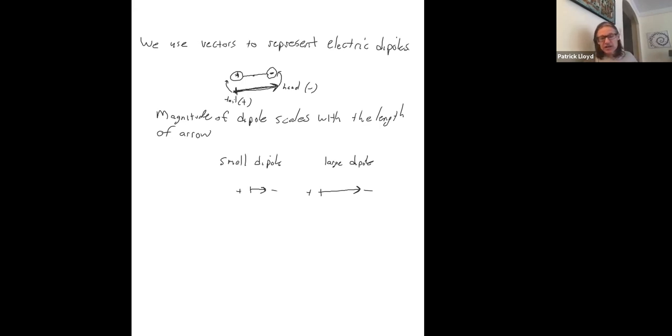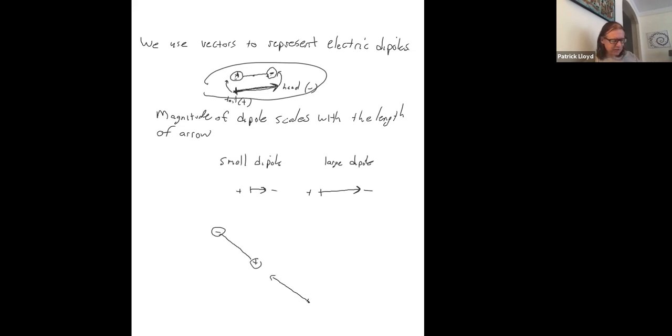But vectors actually have length and direction. So if I take this dipole right here, keep it the same length, but move it in this direction, the vector would change directions. Now the vector would be pointing this way.